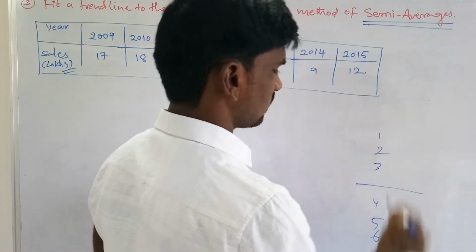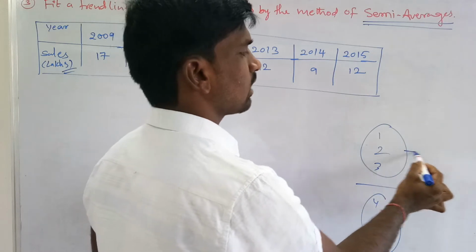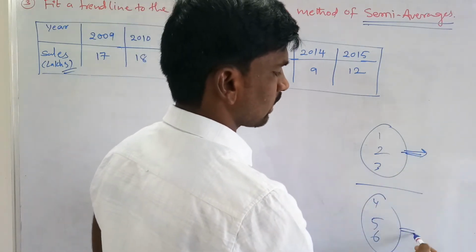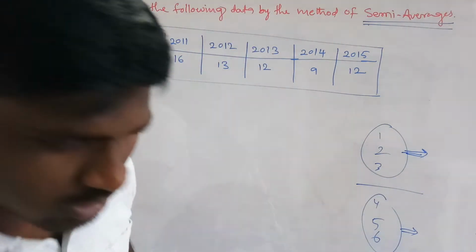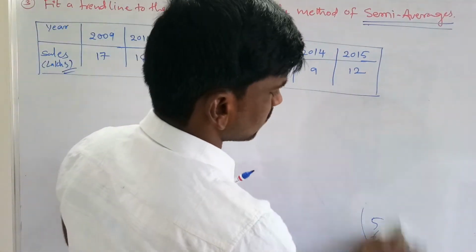So we divide this data into two equal parts. Then we have to calculate the arithmetic mean of the first part and the second part separately. So this is called a semi-average, right? If we solve this problem, then we understand clearly about this method.